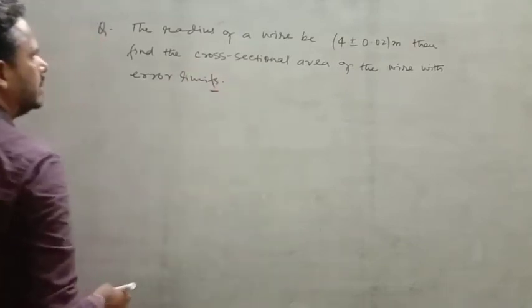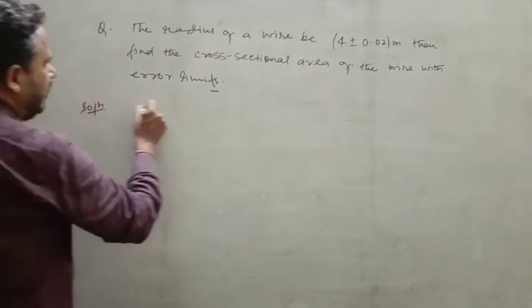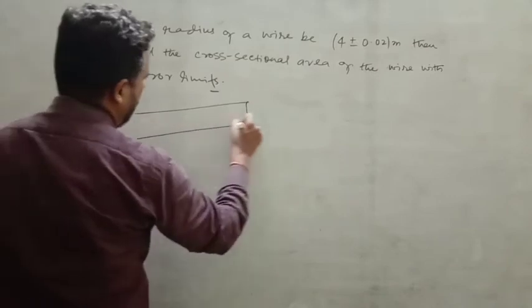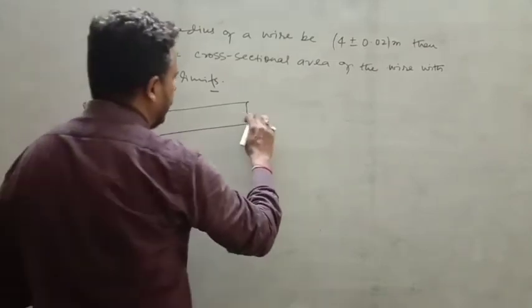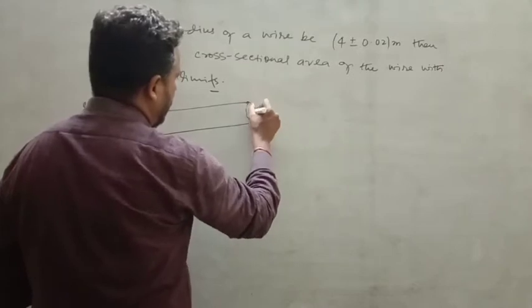Alright. So to find the cross sectional area of the wire, I am going to draw a diagram where this is the radius.